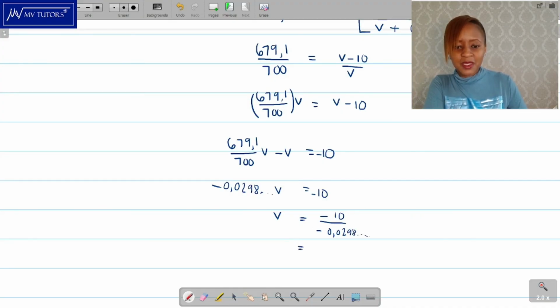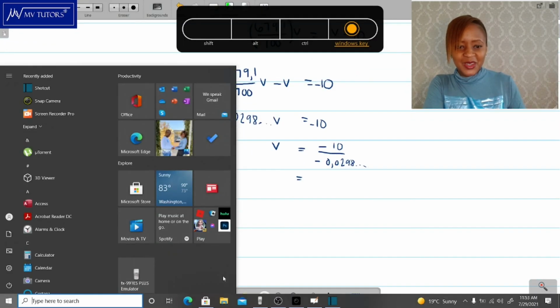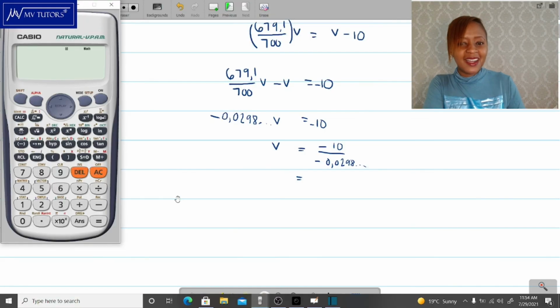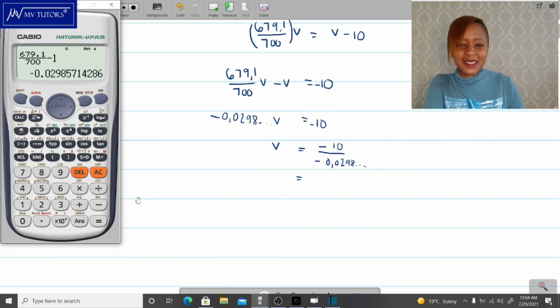And then ultimately, ladies and gentlemen, what will be our answer? Oh no, it didn't save it. Let me start again. Oh, it's actually here. Yes, there's my answer. So I can then say negative 10 divided by the answer, and we get the speed.